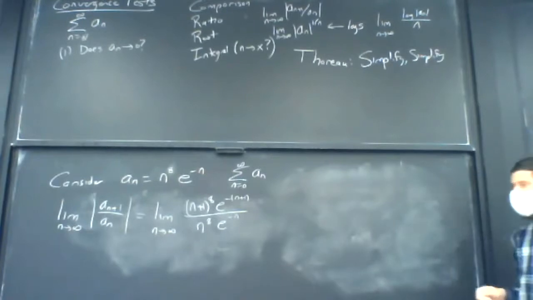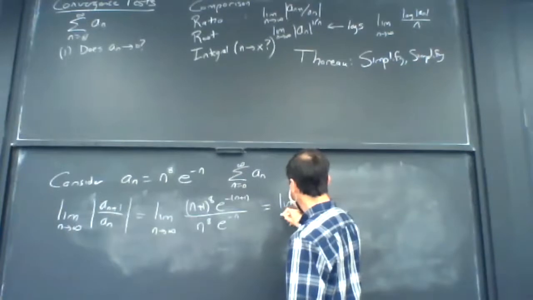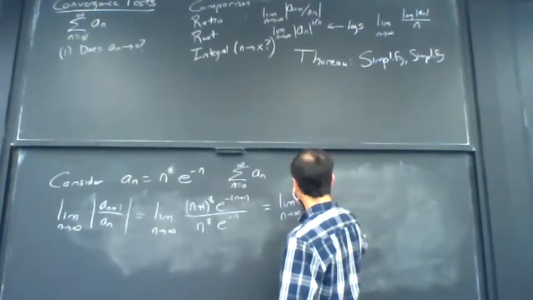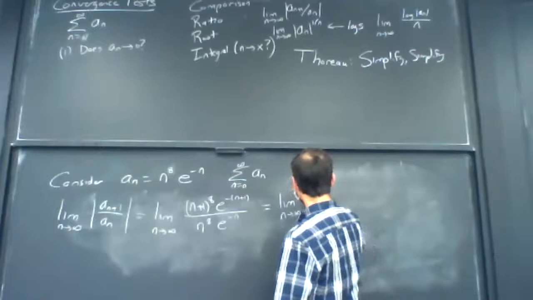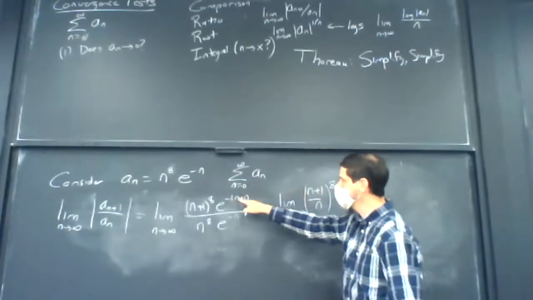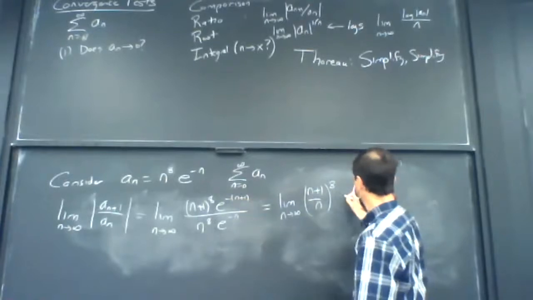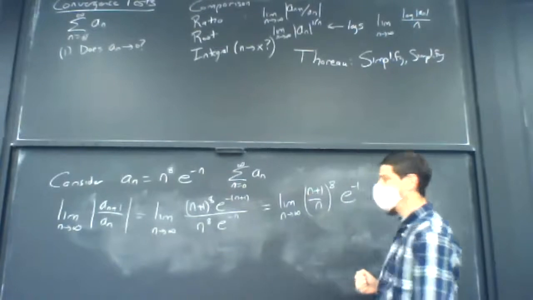And now we just have to do some algebra. So it's the limit as n goes to infinity, (n plus 1) over n to the 8, e to the negative n, e to the negative 1, over e to the negative n. This is just e to the negative 1.